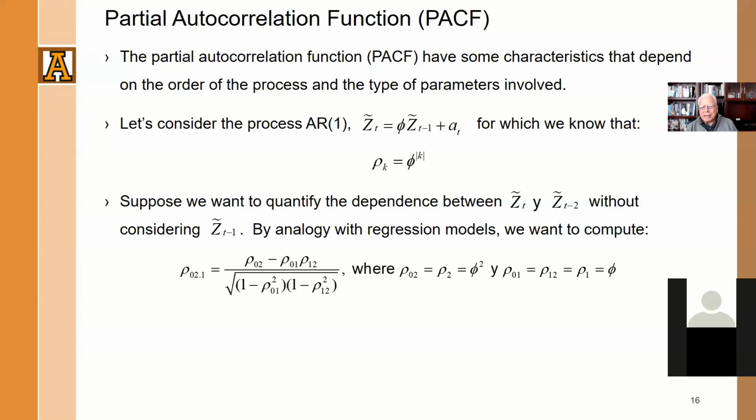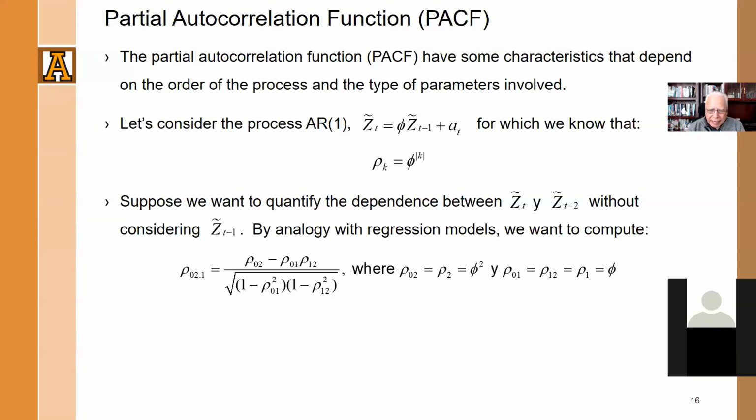Then there would be a relationship between Z_t and Z_{t-2}, independent of the fact that we already have Z_{t-1}. So if it's an AR2 process, we would want to know how much influence Z_{t-2} has on Z_t after I account for Z_{t-1}. And that's what we're going to compute.